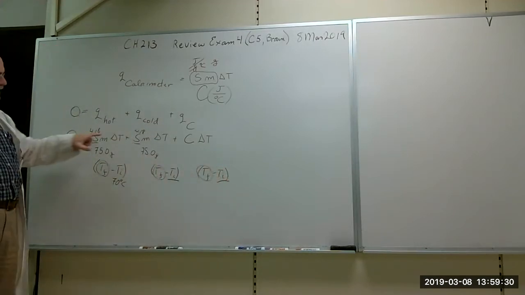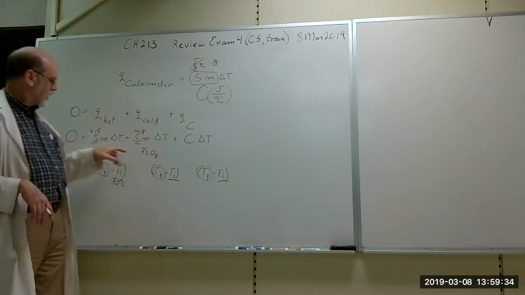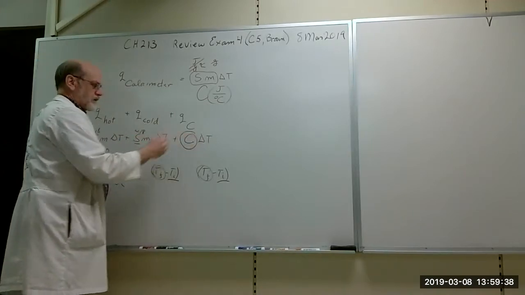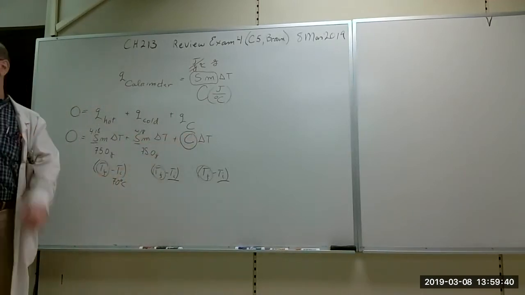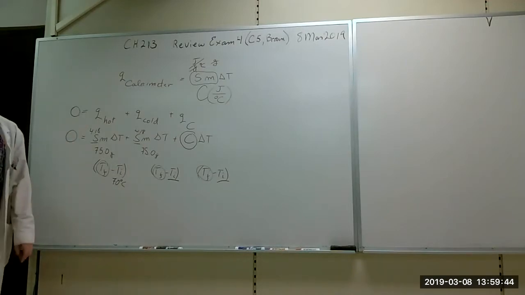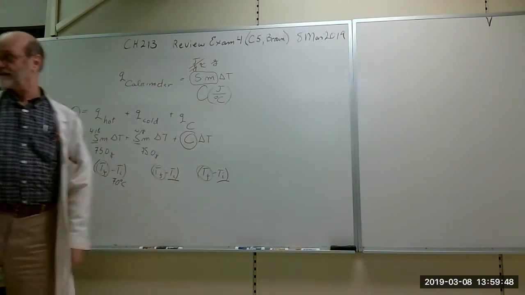You've got the constants locked. You've got these two constants locked in. You've got these masses locked in. This is the only thing that's unknown. Solve for it. And that'll give you your calorimeter constant in terms of joules per degree C. Okay?